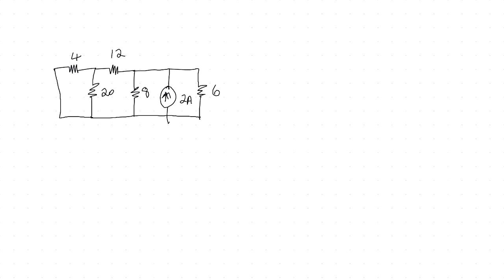And then we always start away from the source. So now away from the source, I'll start from the left side. I'll start from 4 ohm. Why? Because it's the one that is away from my source. So my RP1 is equal to 4 times 20 divided by 4 plus 20, which is 3.33.